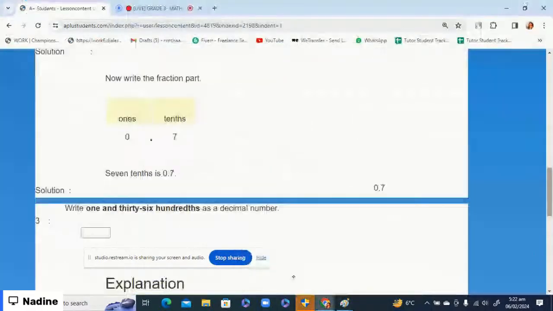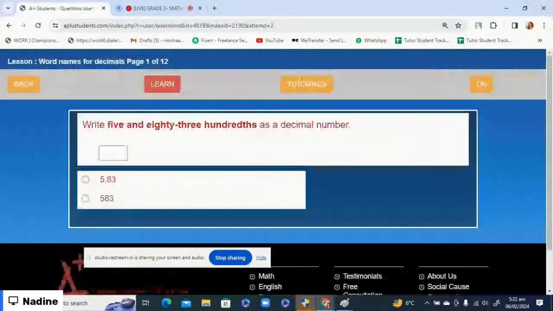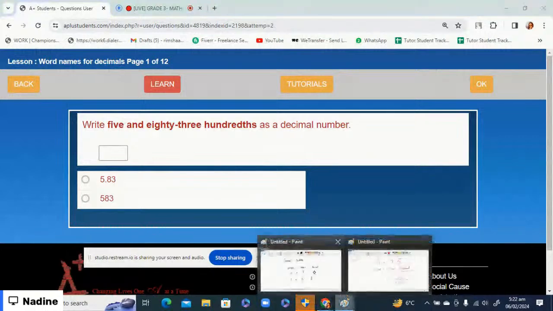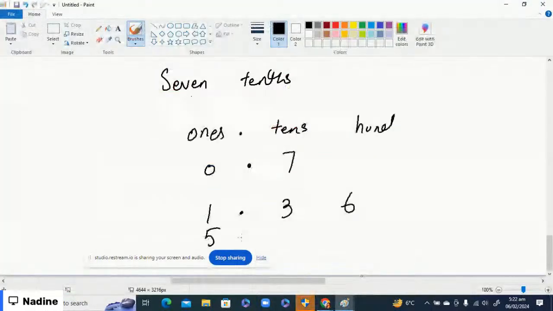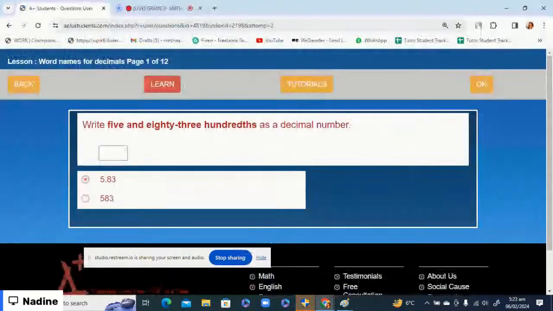Now let's do some test questions. Look here, 5 and 83 hundredths. 5 as it is, and 83 hundredths. So this becomes 5.83. Yes, so we just need to put this one.